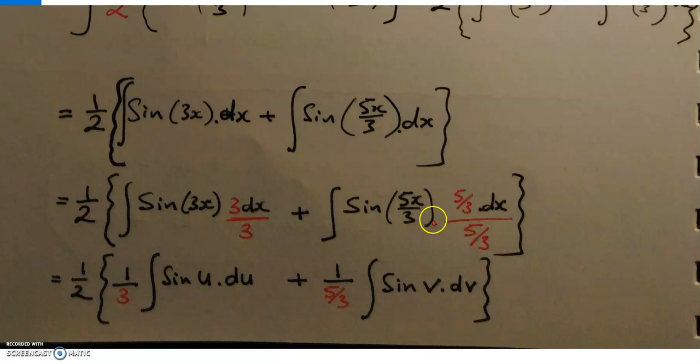And so I will write dv equals 5/3 dx. But I've got to divide by 5/3. This 5/3 on the bottom goes in front of the integral sign there. And this 3 goes in front of the integral sign there. So what am I left with? I'm left with this much easier integration of sine u du and of sine v dv.